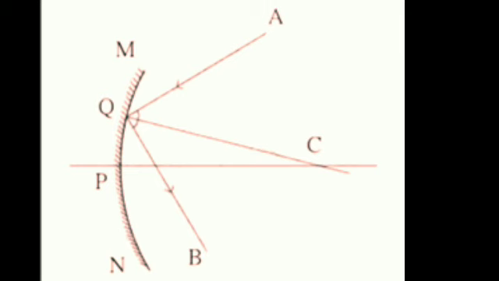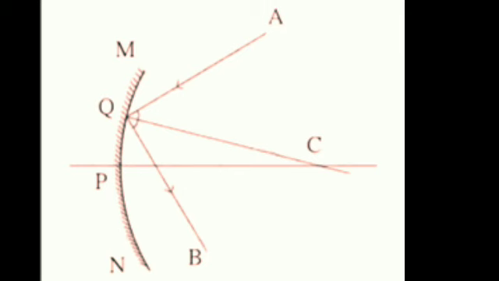Now CQ is a radius and therefore it is perpendicular to the mirror at point Q. Thus angle AQC is the angle of incidence.